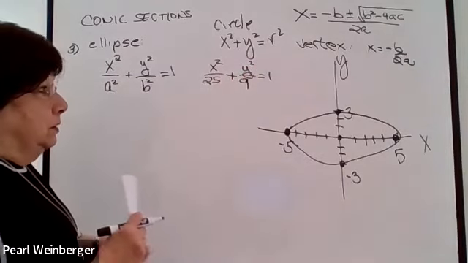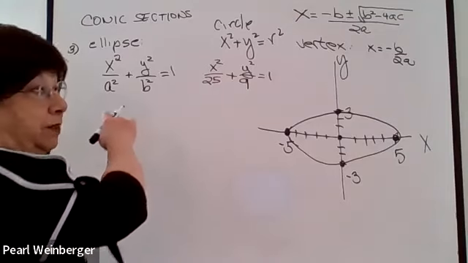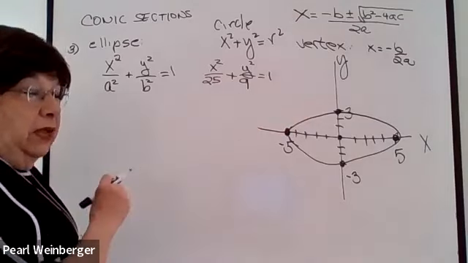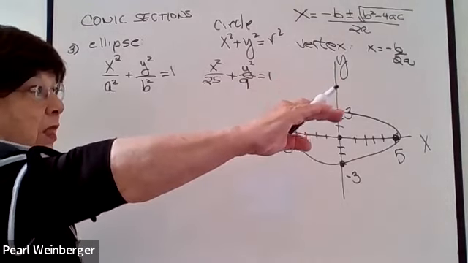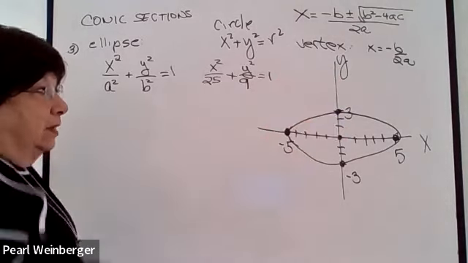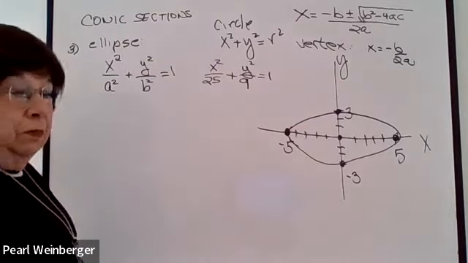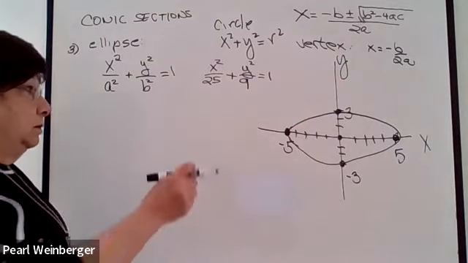If you notice, the ellipse is cut in half two ways. It's cut horizontally by the x-axis, it's cut vertically by the y-axis.